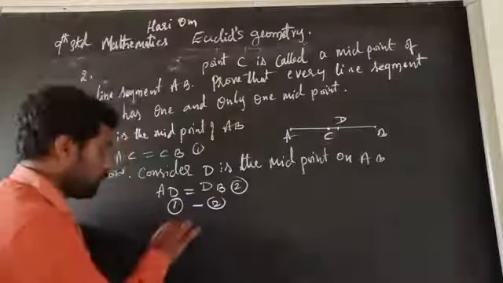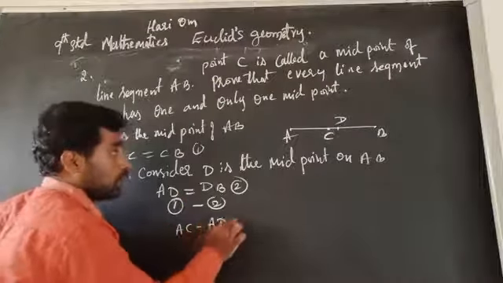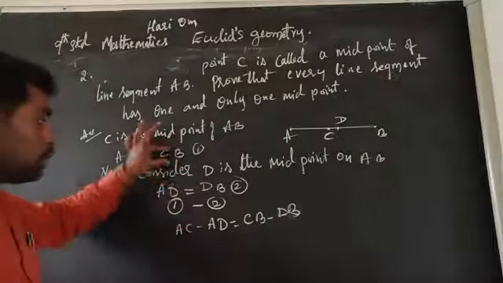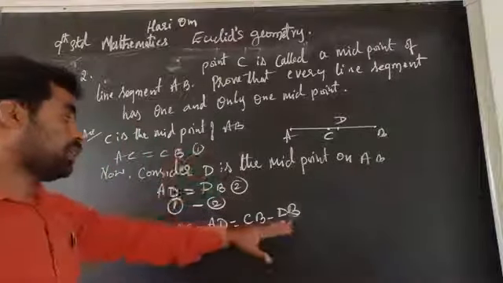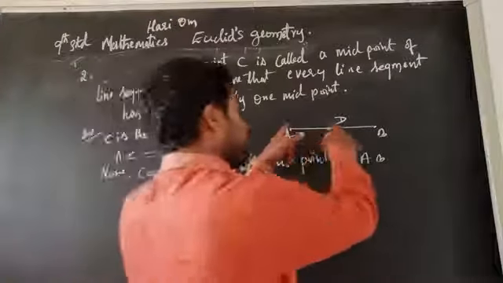Now, AC minus AD is equal to CB minus DB. See, AC minus AD is equal to CB minus DB.